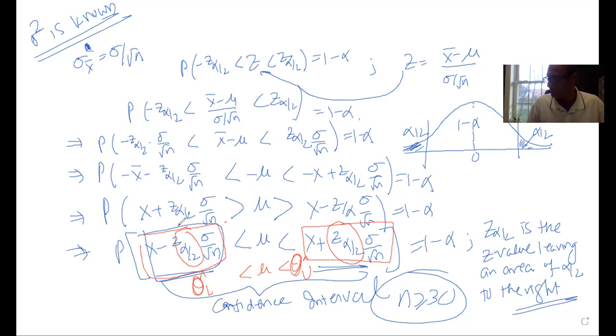Okay, let's go for the example. Now my example is something like this, guys. Let me just save this file and clear. Let me stop sharing this one and let's go for the book again.